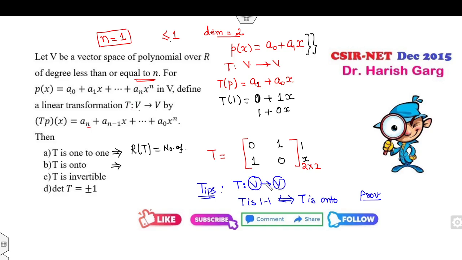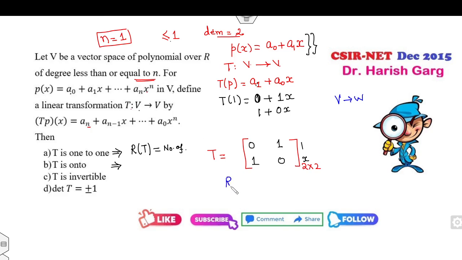Fine, if both are of the same dimension then 1-1 and onto will be the same; as it is 1-1, it will be onto also. But if it is from V to W, then this result may or may not be true. Fine. Now you can see that.